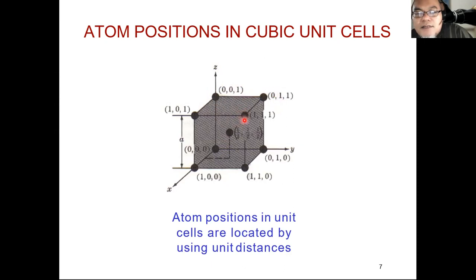At this corner (1, 1, 1). When it is at the center, it is (1/2, 1/2, 1/2), etc. So atom positions in the unit cell are located using unit distances. One single unit equals the parameter of that crystal lattice. In the case of cubic, A equals B equals C, or just A.